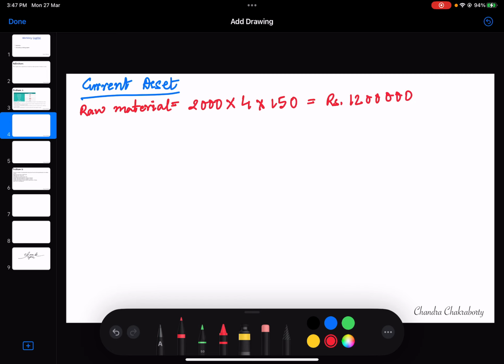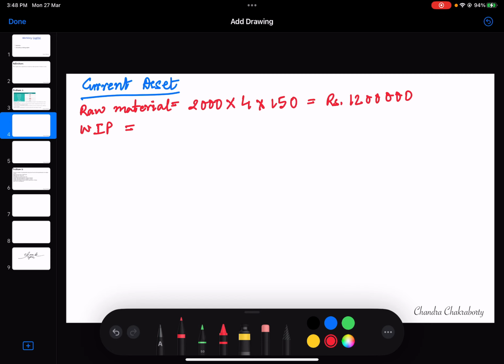All right. Next, let's come to work in progress. Now, when you are calculating the work in progress, there's a simple thing that you have to keep in mind. If there is no instruction given to you, then how will you calculate the amount per unit for work in progress?